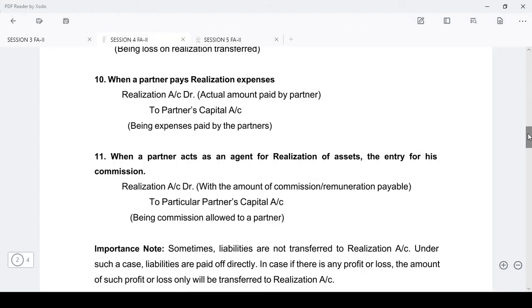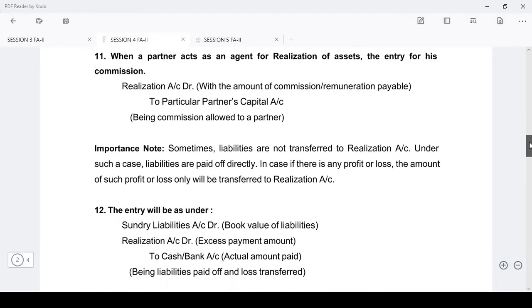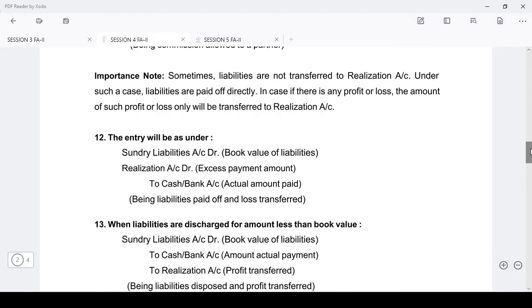The next one is, remember I have given an important note. Remember, sometimes liabilities are not transferred to the realization account. Under such a case, the liabilities are paid off directly. If there is any profit or loss, only the amount of such profit or loss will be transferred to realization.